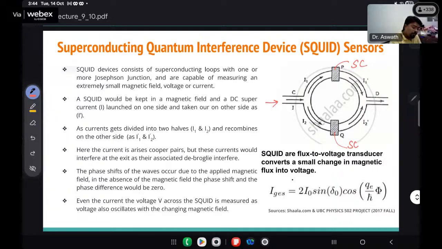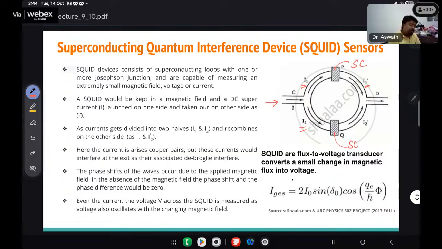The current divides into I1 and I2, goes through a superconductor and then recombines. Because of the superconductor, I1 becomes I1 prime and I2 becomes I2 prime, and they combine and exit.